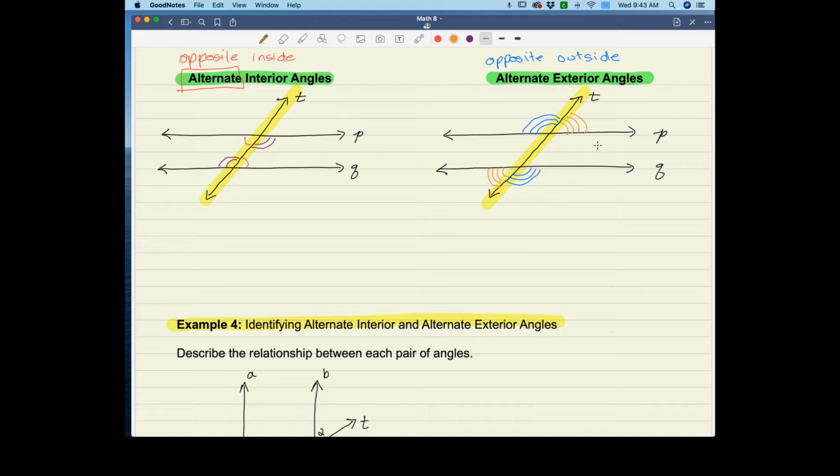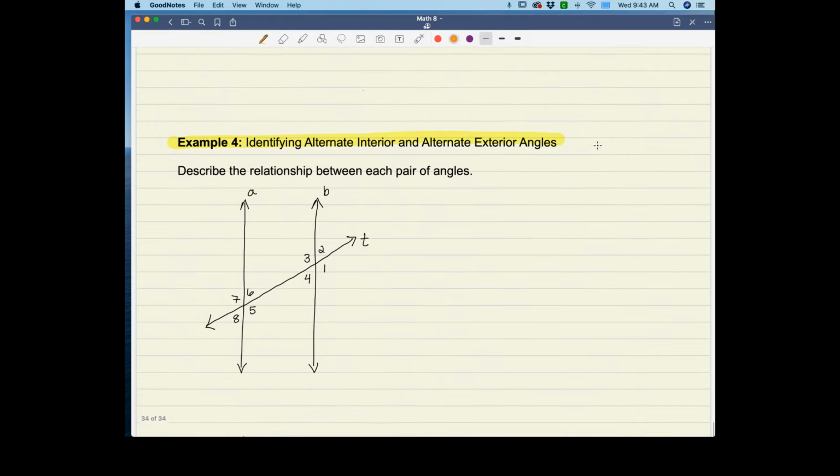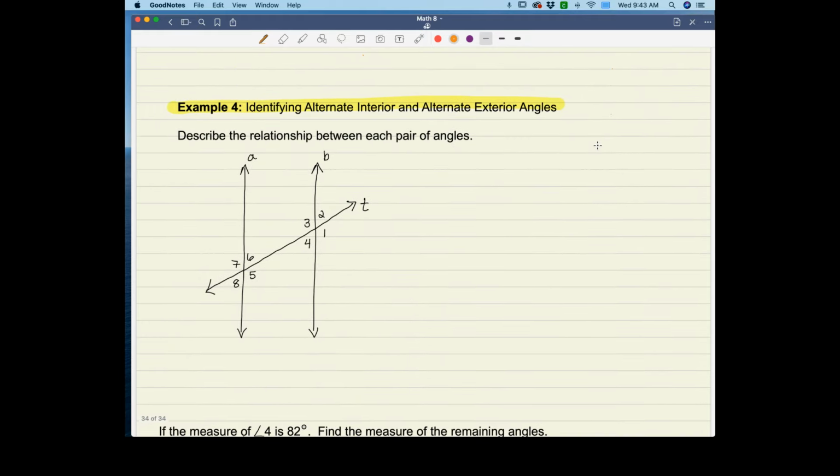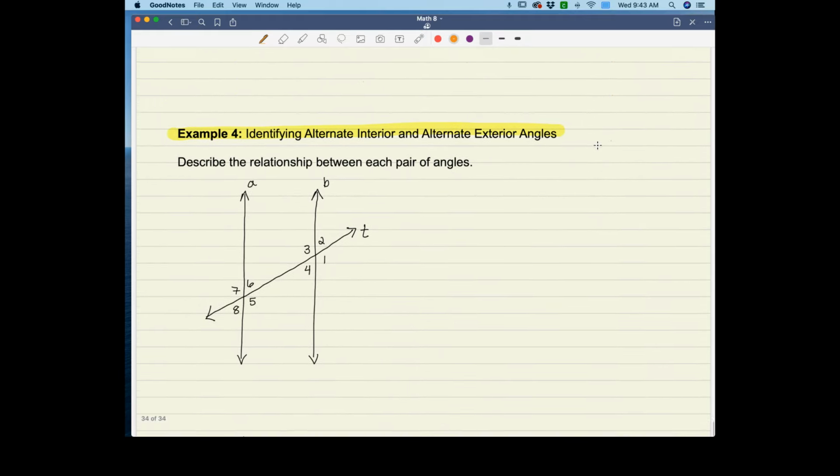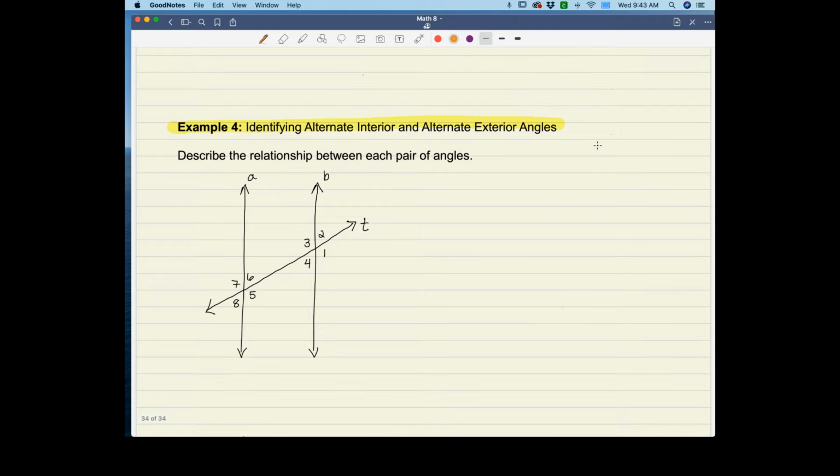If you look at example 4, it's going to ask you to describe the relationship between each pair of angles. So we want to identify alternate interior and alternate exterior angles.